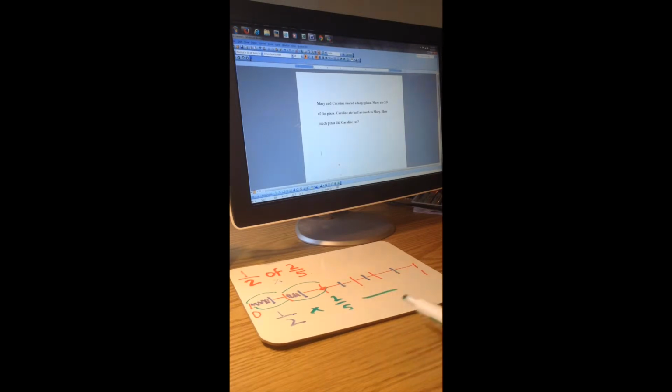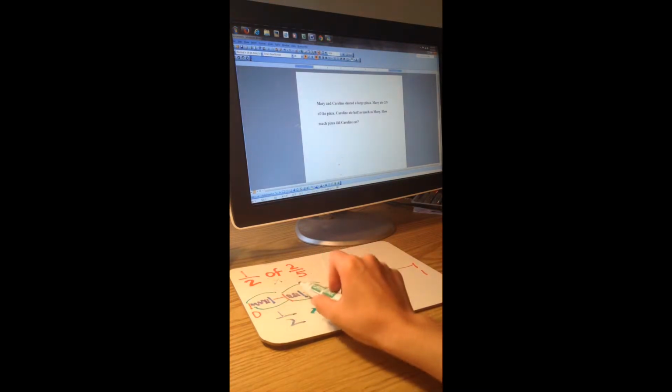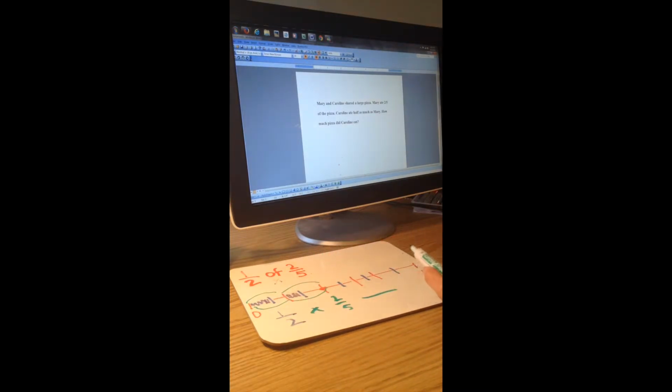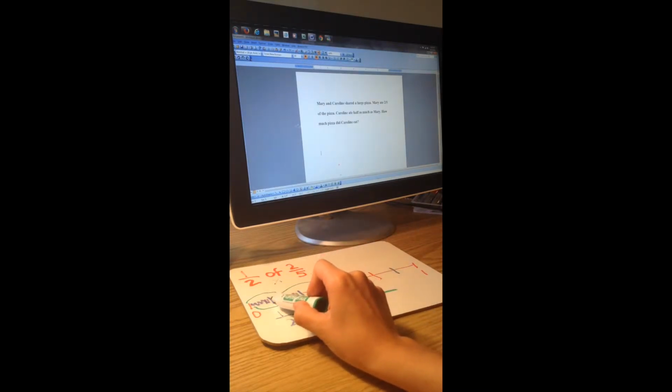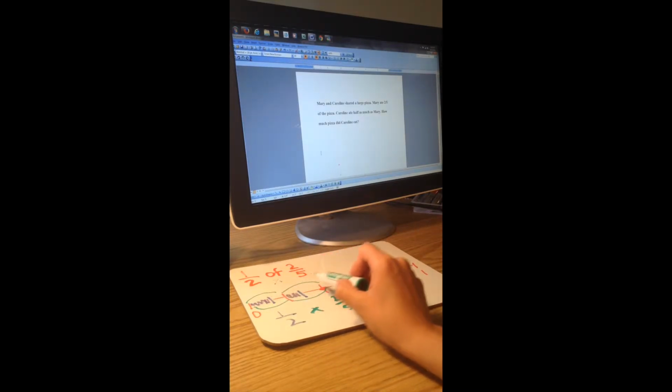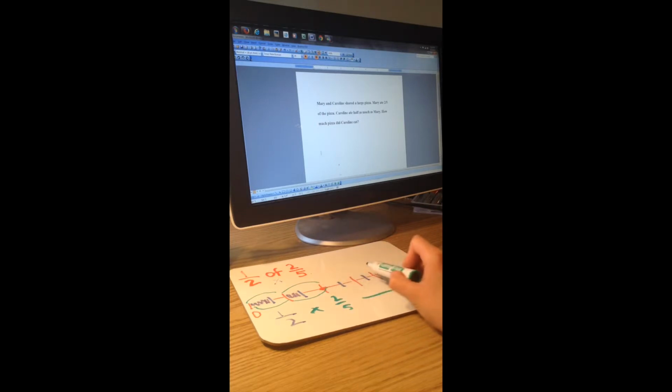We know that our denominator has to tell us how many in each. So what we will do is count all of our marks in our linear line. So that's 1, 2, 3, 4, 5, 6, 7, 8, 9, 10.